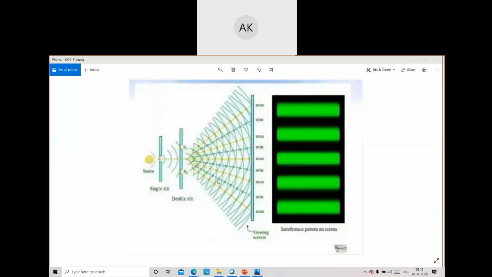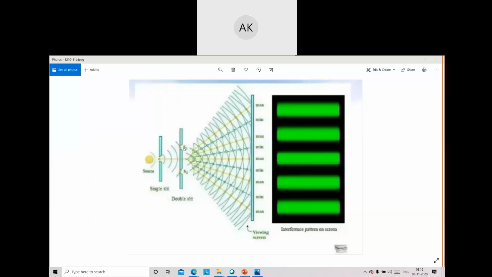Here you can see some points where they cross each other. Superposition is taking place, and we get the maximum intensity. If a crest and a trough are interfering, then we get minimum intensity. But see, this is the center of the screen, the center point.